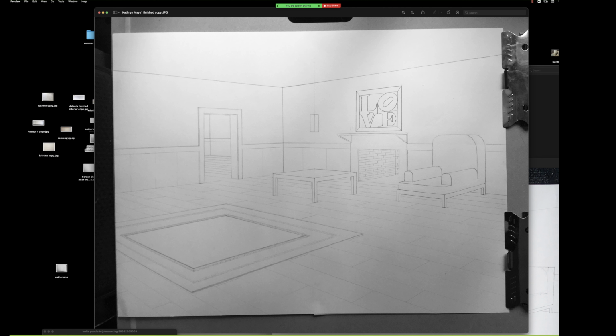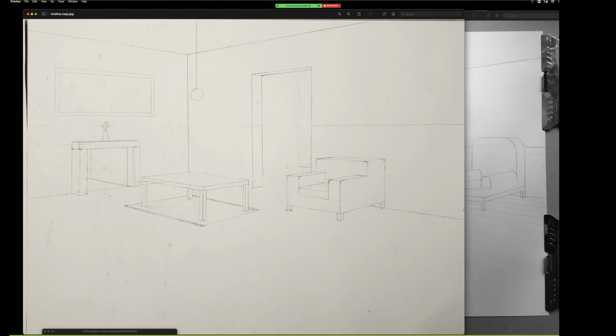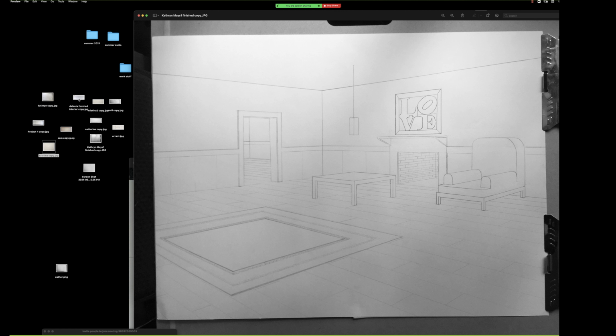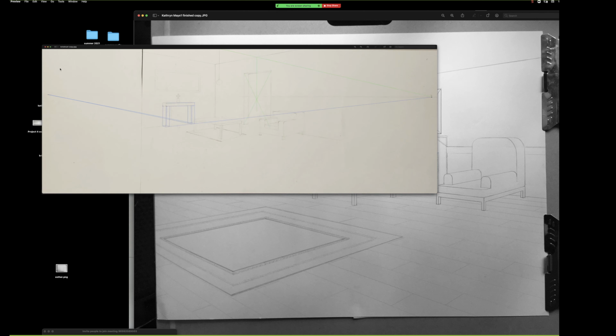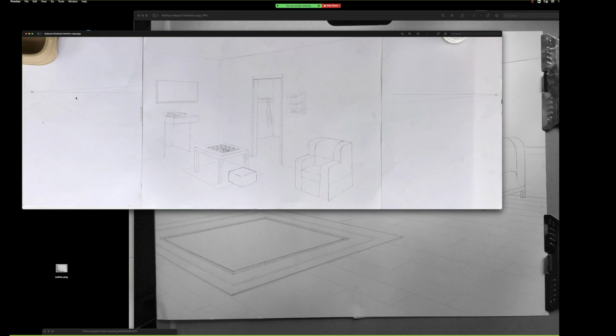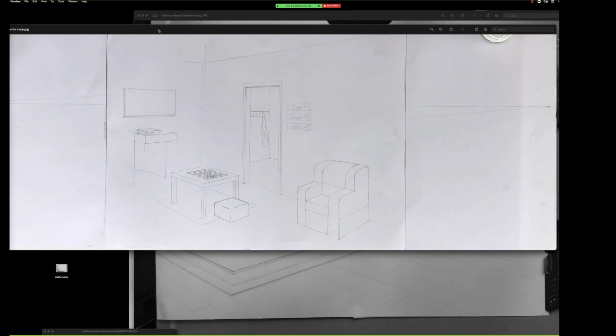Let's pull up another one that may be a little different in vibe. Yeah, that one's a little different. See how close everything seems to us, the viewer, in this scenario?